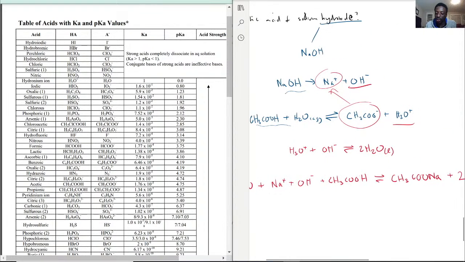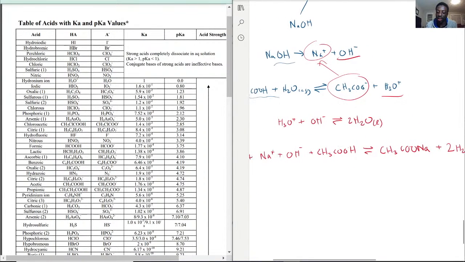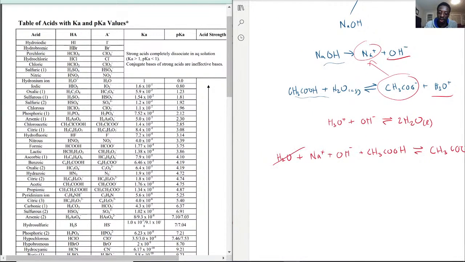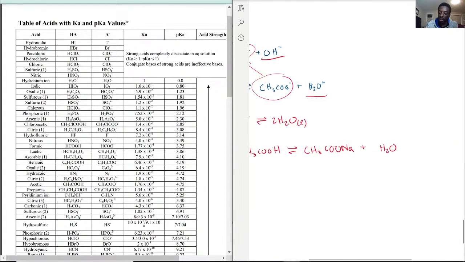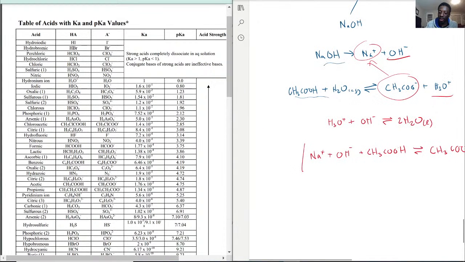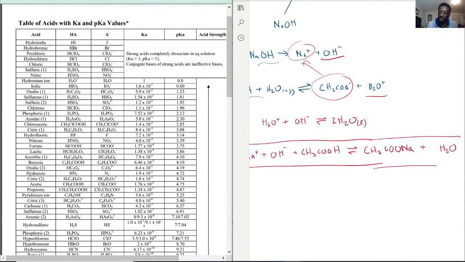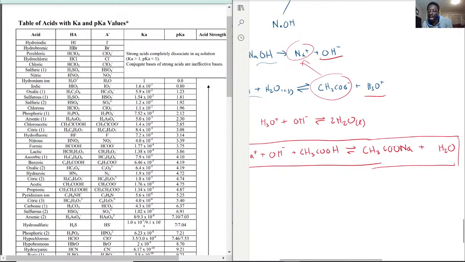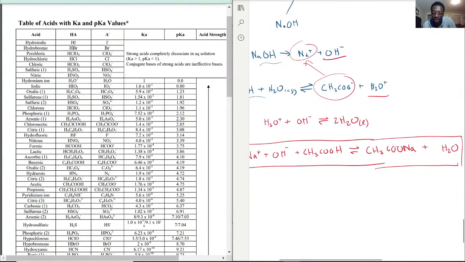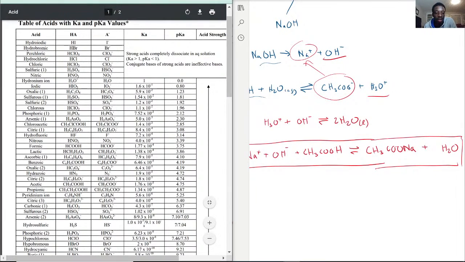But because we have H2O and 2H2O on each side, we can actually cancel out one H2O, because that was the one from here, and this right here would be our completed formula for acetic acid reacting with sodium hydroxide.